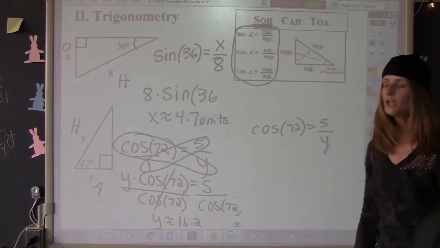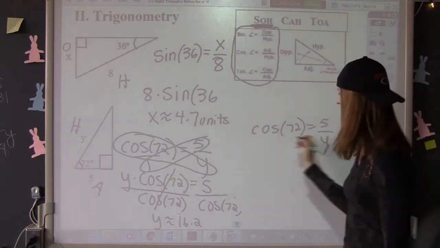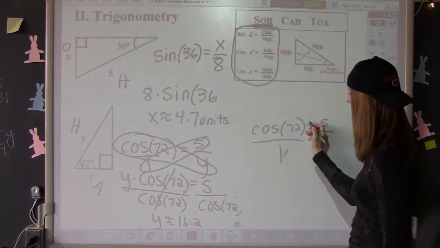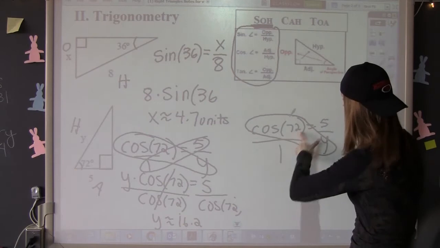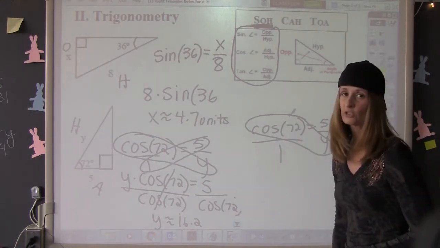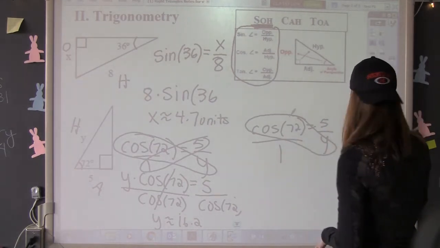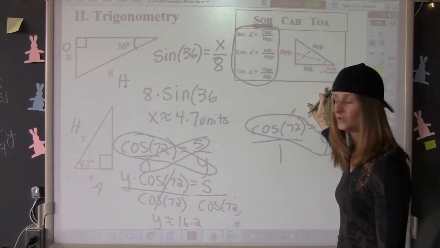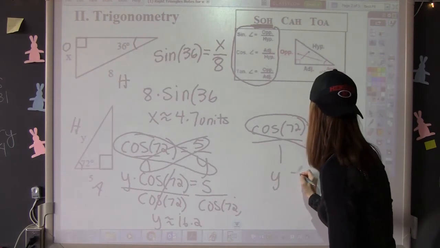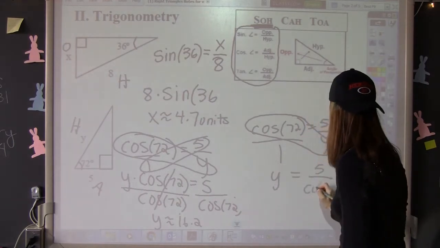Okay, when your unknown is in the denominator, okay, this is like a proportion, right? You're going to end up multiplying the y by the cosine of 72. Those two numbers can change locations. Okay, so I'm going to rewrite this. I'm going to leave the 5 where it's at. Okay, I'm going to write this as y equals 5 over the cosine of 72.